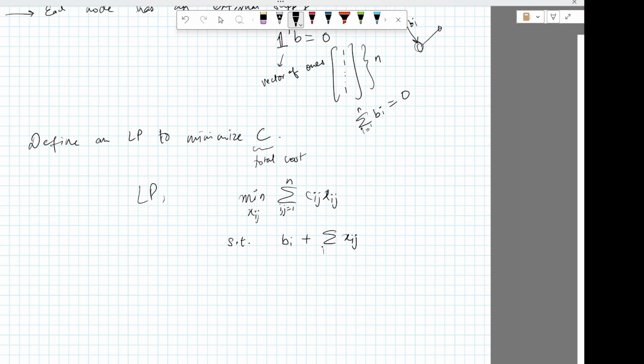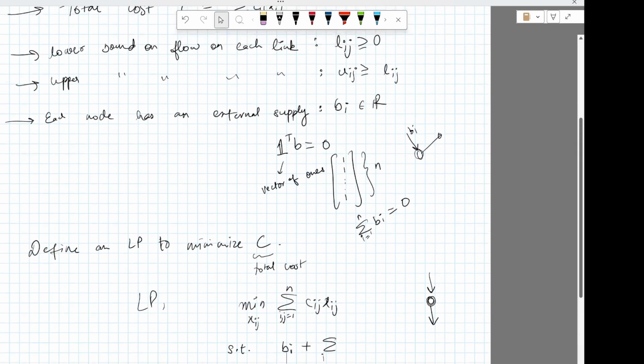Okay, let's take one node i. Whatever is coming into the node should go out of the node. So bi is coming into the node and xij is, I should write xji, right?